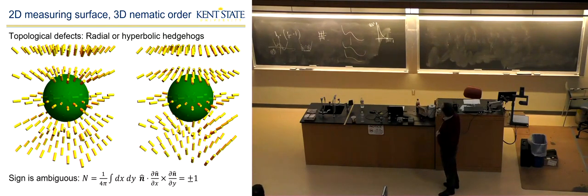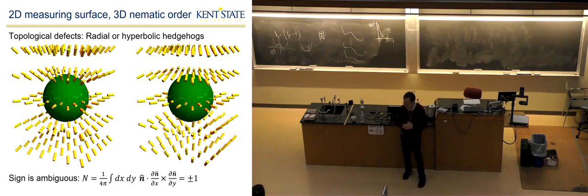Here are analogous things in liquid crystals. So if you have nematic order, as you recall, the nematic order has equal populations pointing in the two directions along some axis. So you wouldn't represent the orientation by an arrow, you would represent it by a double-headed arrow, or maybe a zero-headed arrow, like that.